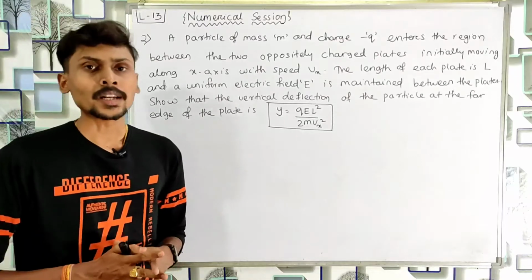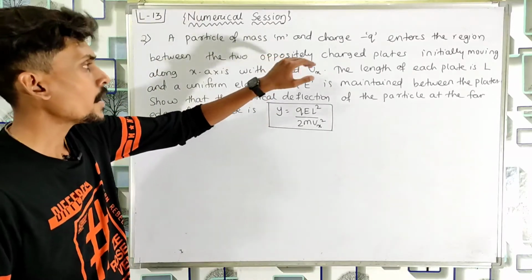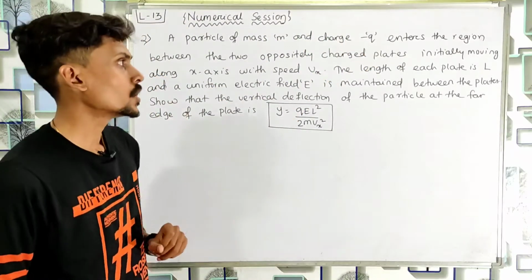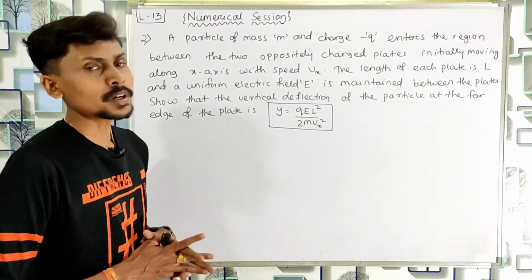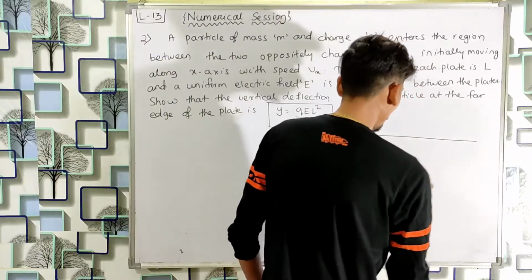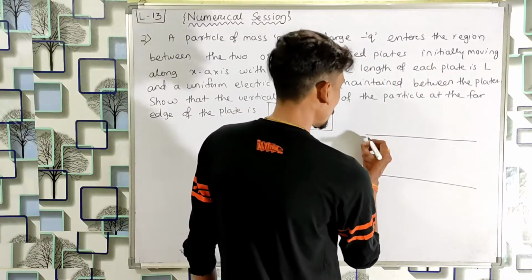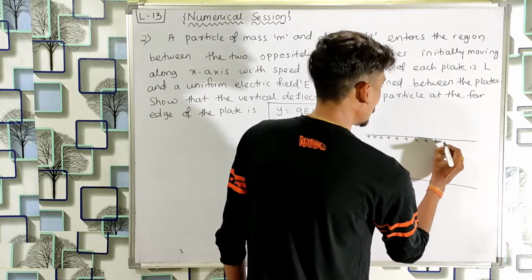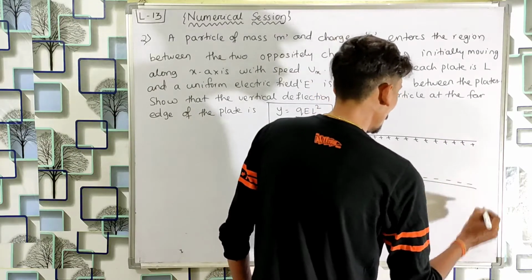So in the question it is given that we have a charged particle having mass m and it carries a negative charge minus q. It enters into the region between the two oppositely charged plates. Suppose we have two oppositely charged plates like this. Suppose the upper plate is positively charged and the lower plate is negatively charged.